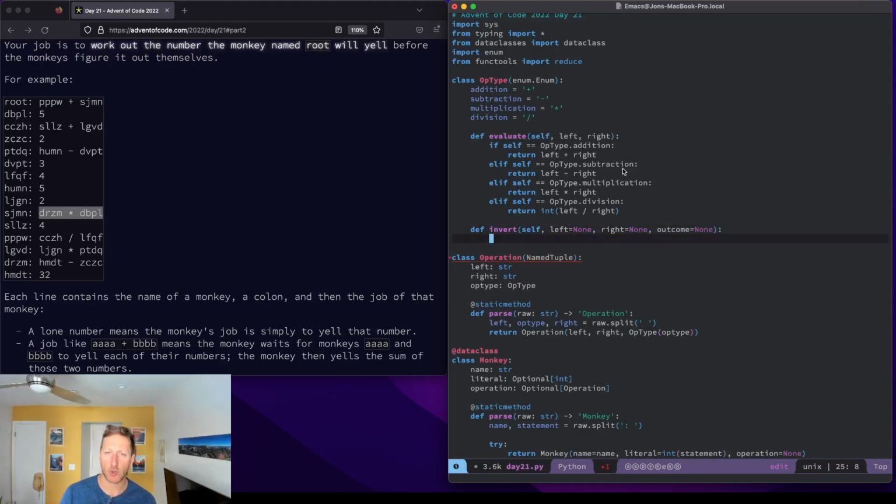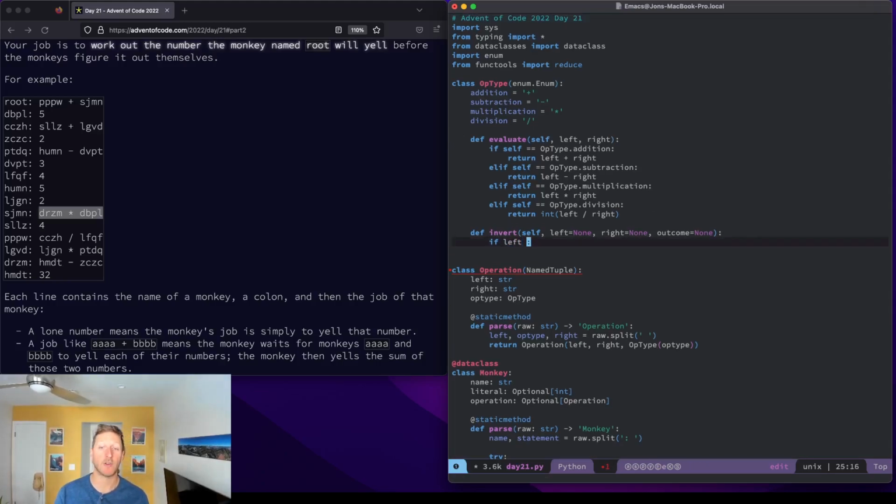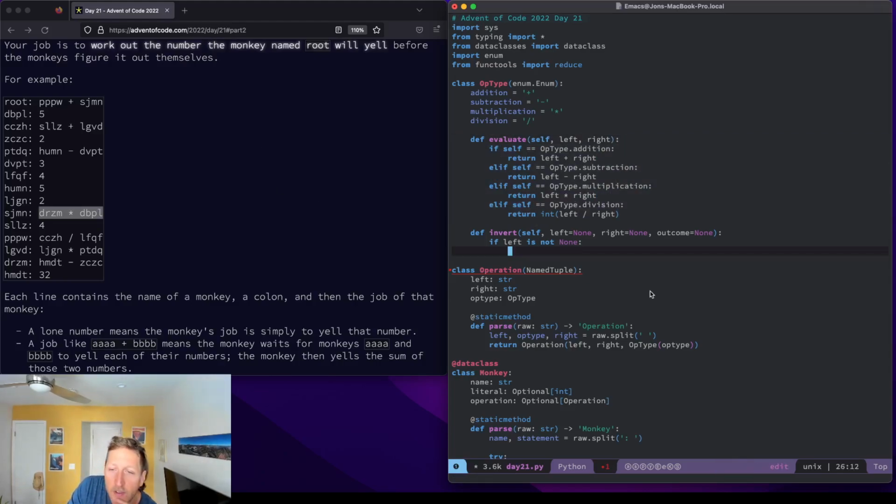And so if left is given, so is not none. Remember, we had some zero bugs earlier in this advent. Then we just go through each.